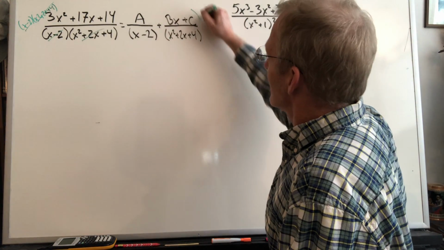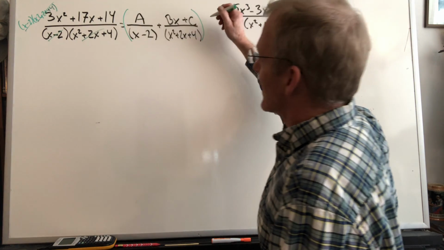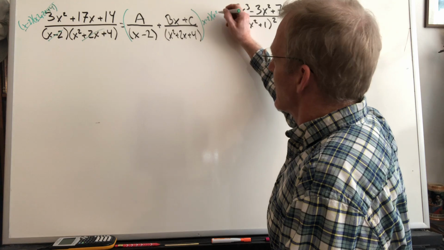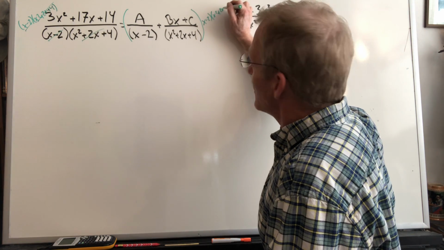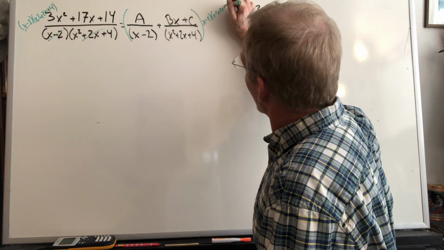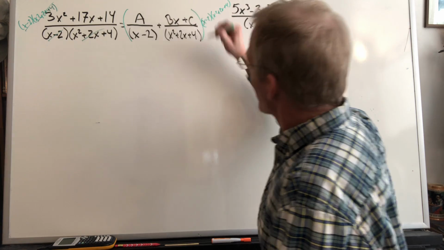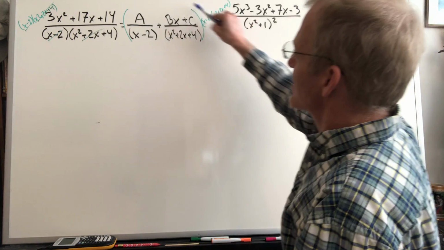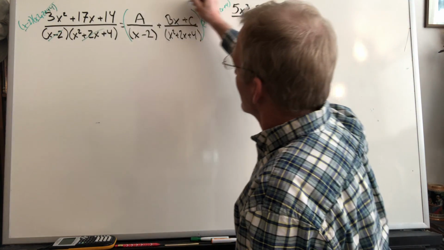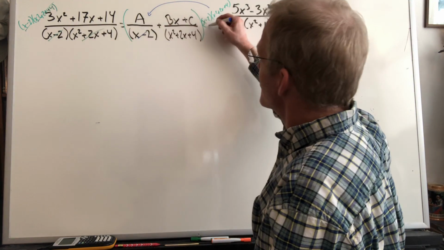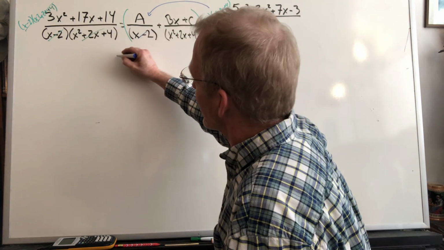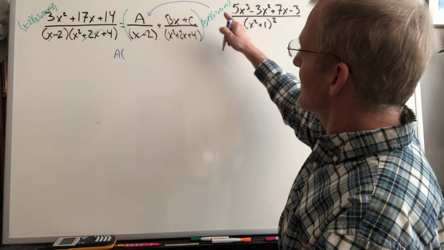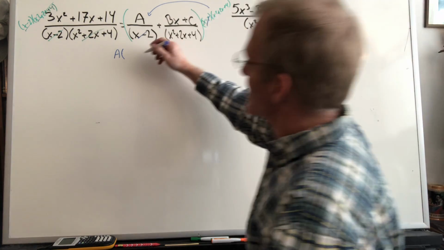Over here, we're going to multiply this whole thing by the same thing, x minus 2 times x squared plus 2x plus 4. And so then, when we go ahead and distribute this here, you'll notice the x minus 2's cancel. So we're left with A times the x squared plus 2x plus 4.